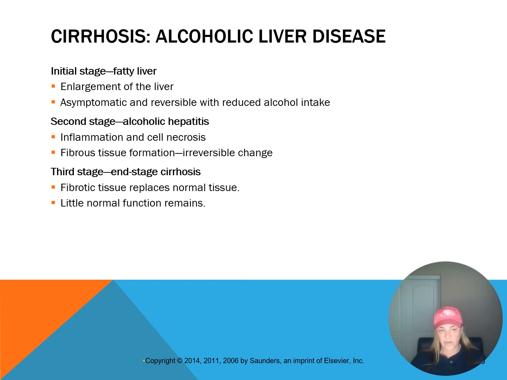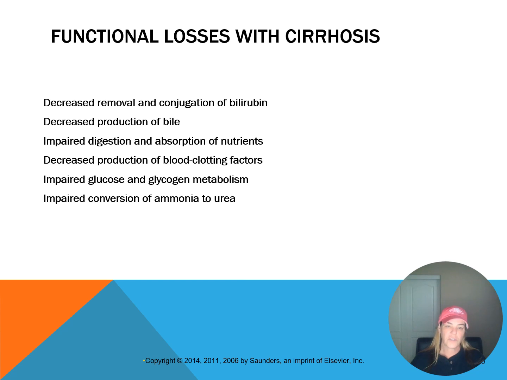And then the final stage, or what we call end stage cirrhosis, your fibrotic tissue replaces the normal tissue, and your liver does not function like it should. So functional losses: we can't do removal and conjugation of bilirubin. We don't produce enough bile, so there's impaired digestion and absorption of nutrients.